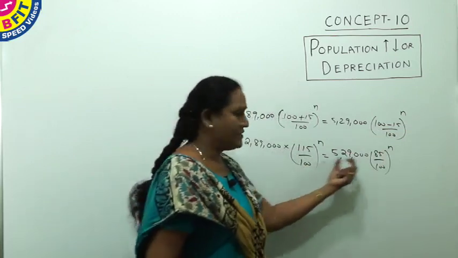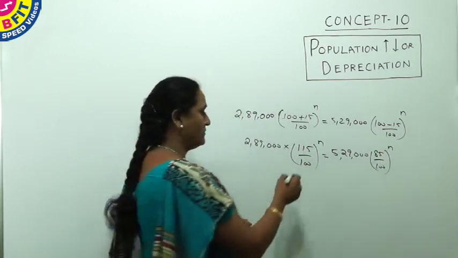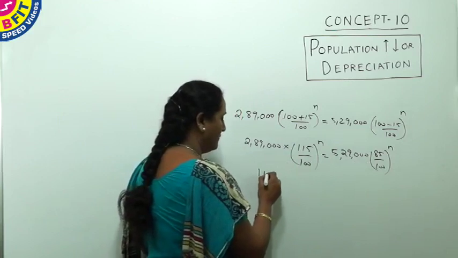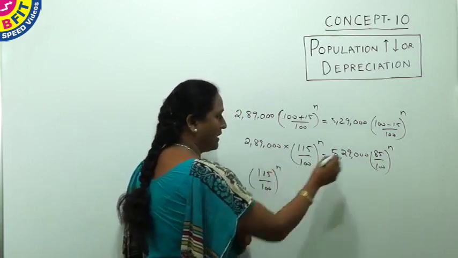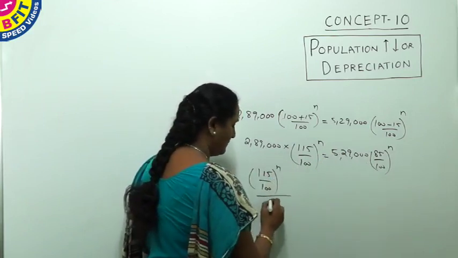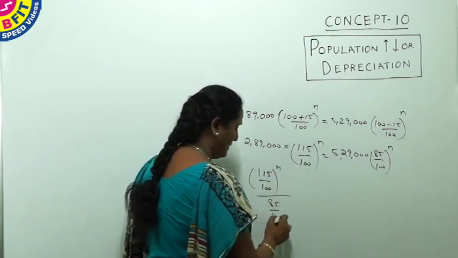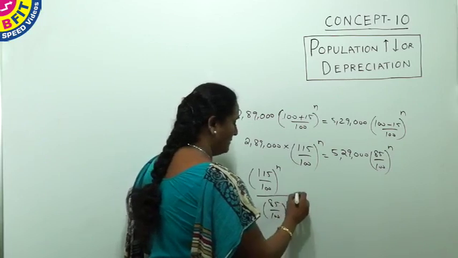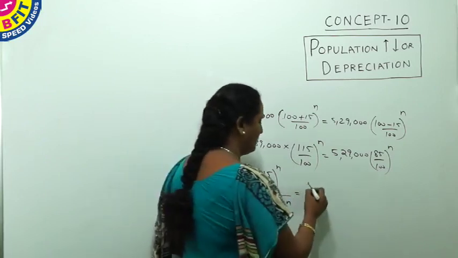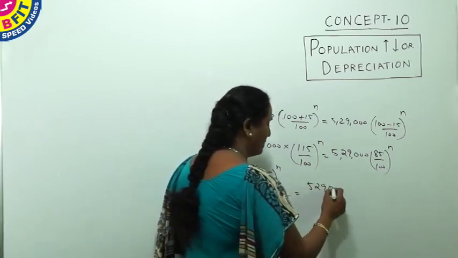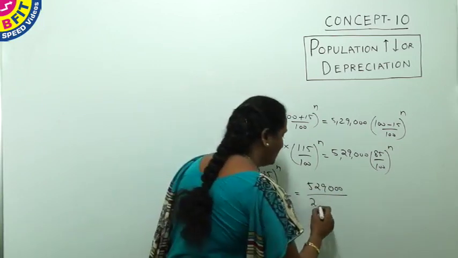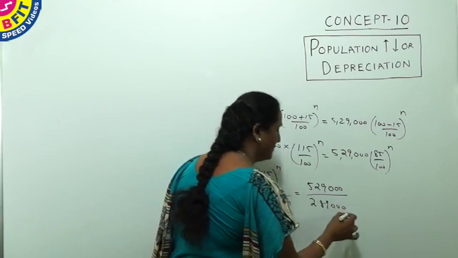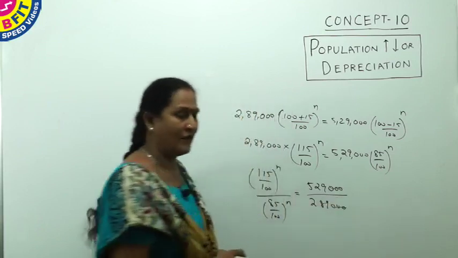I am bringing this change factor to one side, so that is 115 by 100 whole power n, dividing by 85 by 100 whole power n. So this is equal to 5,29,000 by 2,89,000, cancelling out the common factors.